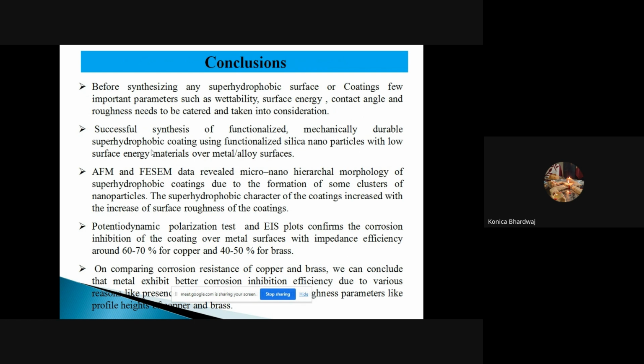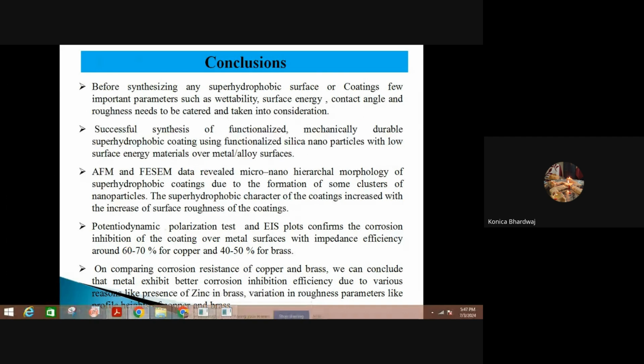Then EIS plots and polarization curves reveal the inhibition efficiency is near about 60 to 70% for copper and 40 to 50% for brass. On comparing both the resistances, copper and brass, what I will add in the whole paper also is that corrosion in copper is generally relatively low compared to brass.